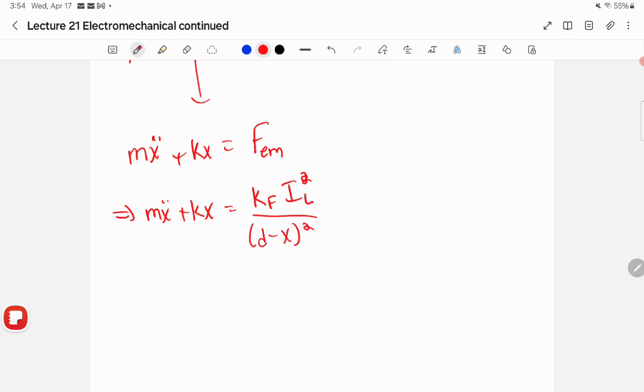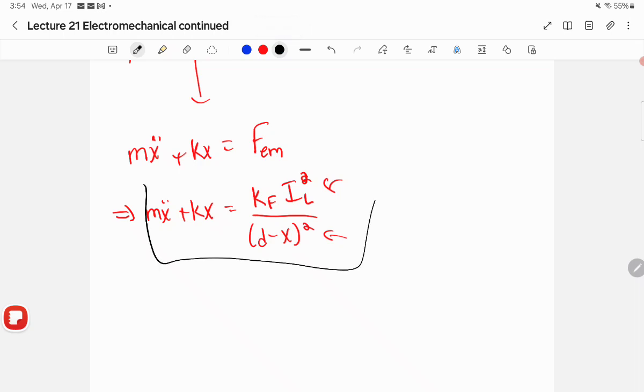Now notice that we have an x squared term, and we also have an IL squared term. So this is obviously nonlinear, this input function here, but the differential equation itself is nonlinear with respect to x, for instance. So we're going to have to account for that in a bit.